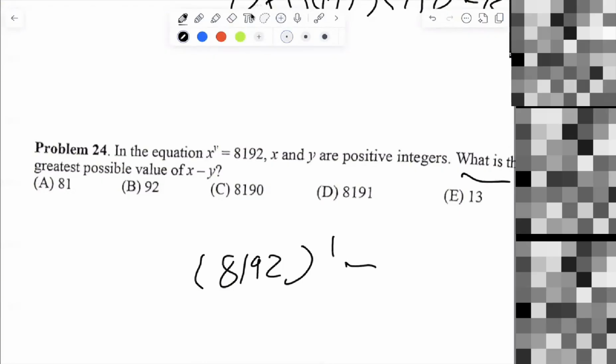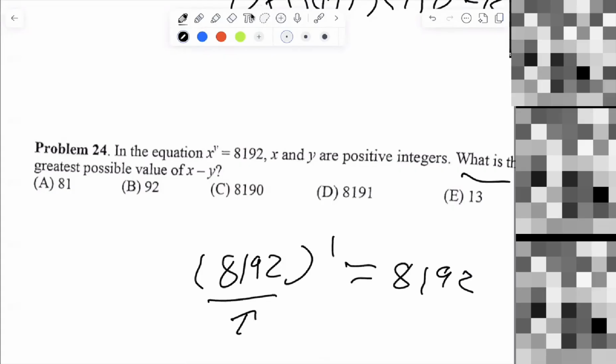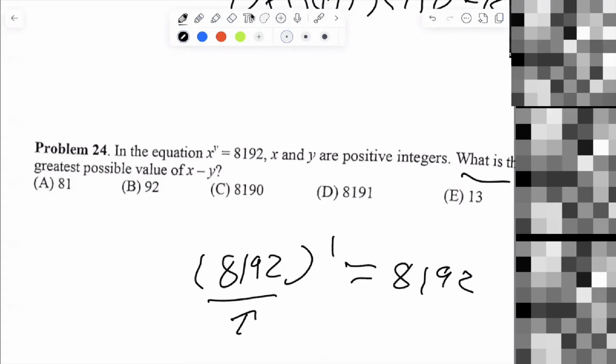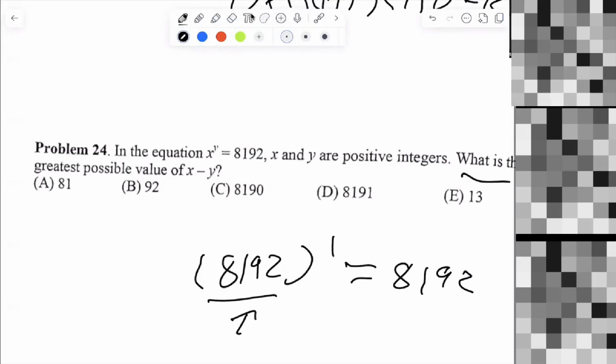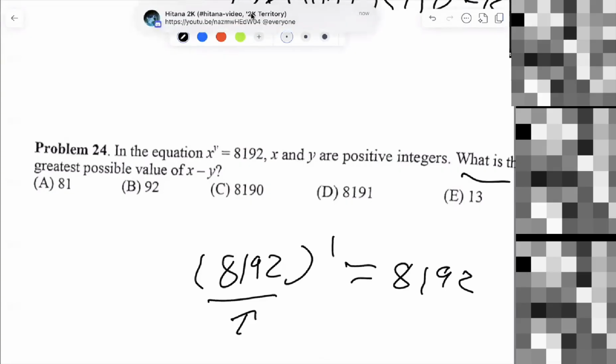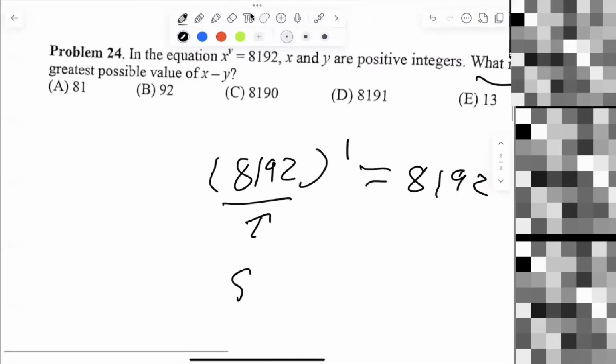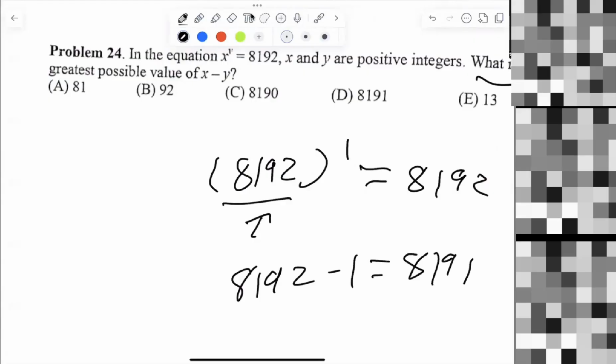That gives you 8,192, and this is the greatest possible base for x. This really matters a lot, since we want the greatest possible value of x and the least possible value for y. So from here, we know this is the maximum. So we do our subtraction. This becomes 8,191, or D.